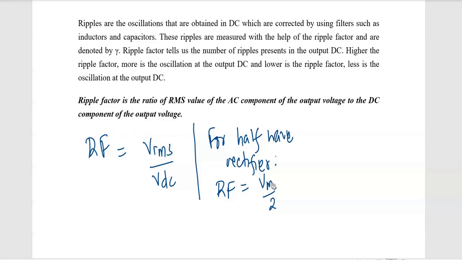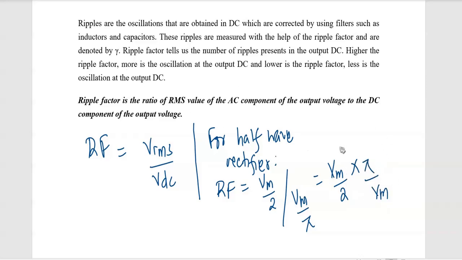Vm is the peak DC voltage, which is the same as the peak of the input AC voltage. This is divided by VDC, and VDC is the same as Vm divided by pi. So this is going to be Vm divided by 2 times pi divided by Vm.